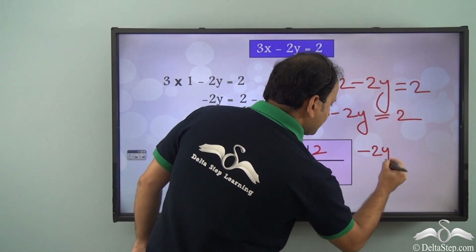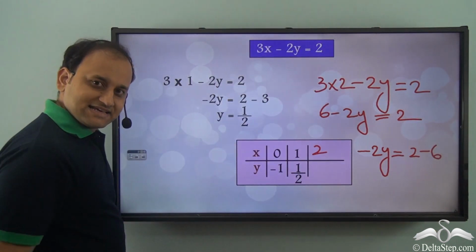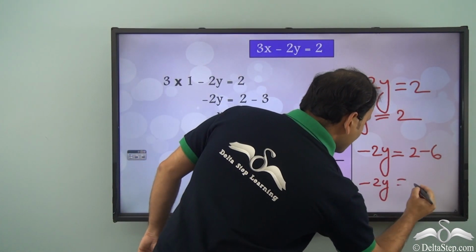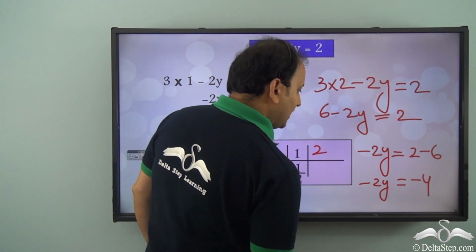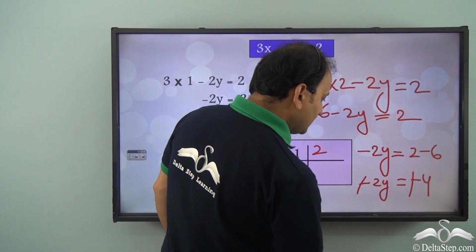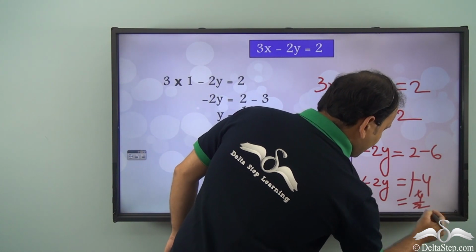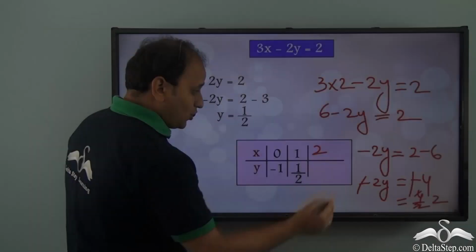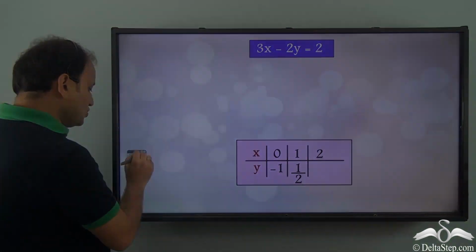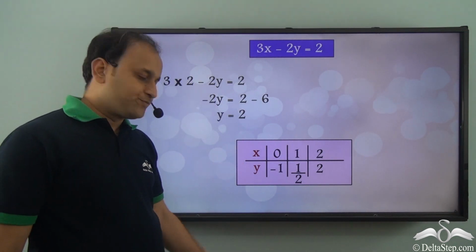Minus 2y is equal to 2 minus 6. So 2 minus 6 is how much? Minus 4, right? So minus 2y is equal to minus 4. Now we have negative on both the sides, it gets cancelled. 2 will move down here and we'll have 4 by 2, which is nothing but 2. So we'll have y also as 2. So when we take x as 2, we'll have y also as 2. And this is how we'll solve for it.